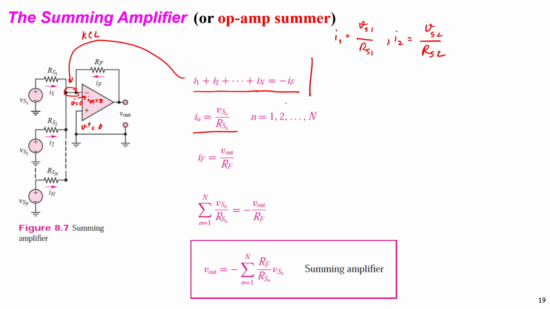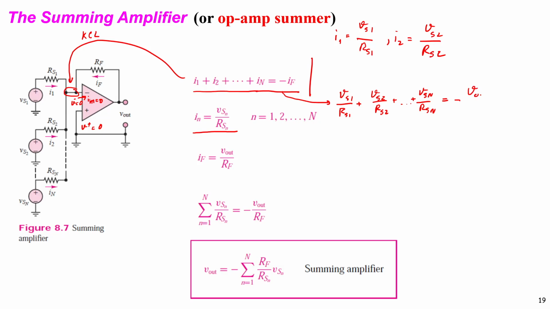So if I substitute, I get Vs1 divided by Rs1 plus Vs2 divided by Rs2 plus, until Vsn divided by Rsn, equal to IF. What is IF? IF will be Vout minus zero divided by Rf.